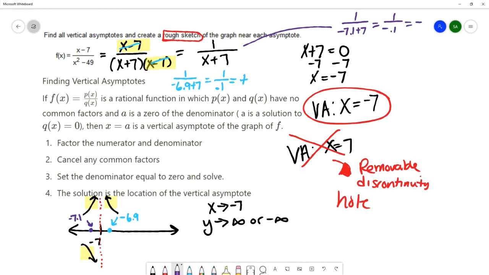So I know on the left side that the negative one is right, and I need to get rid of the positive one. So I know that near the vertical asymptote of x equals negative 7, on the right side it's going to positive infinity, on the left side it's going to negative infinity.